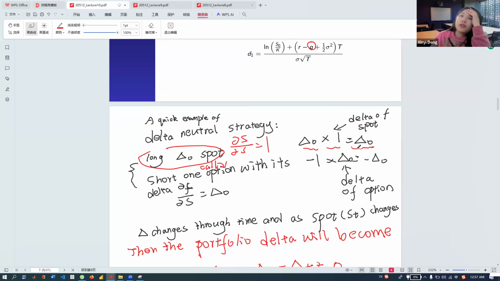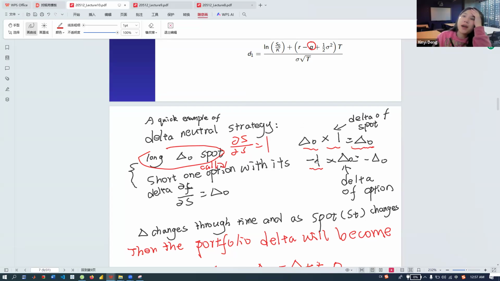And then the delta associated with shorting one call would be our position, which is -1 since we are shorting. So again, our position times the delta of the option.